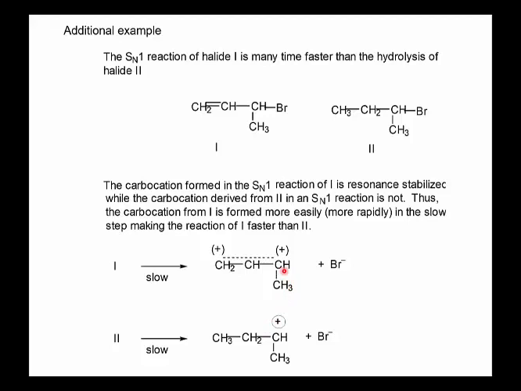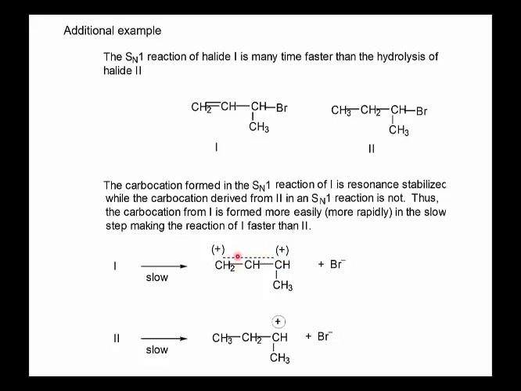Now, let me stress that this allylic carbocation here is an example of a conjugated pi electron system. Why? Because each carbon, these 3 adjacent carbons, when you look closely at it, would have a p orbital, and each p orbital is parallel, and those 3 parallel p orbitals overlap.